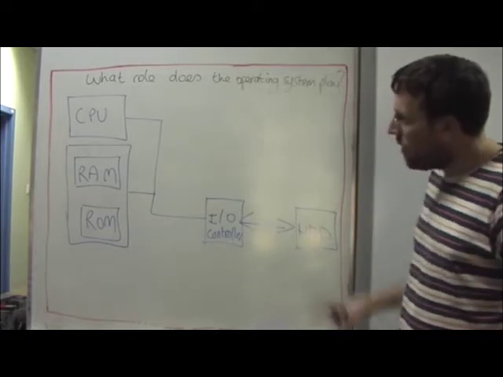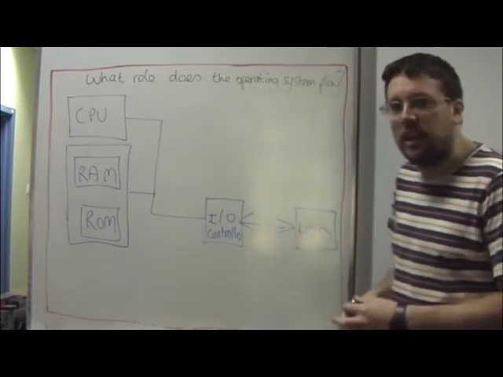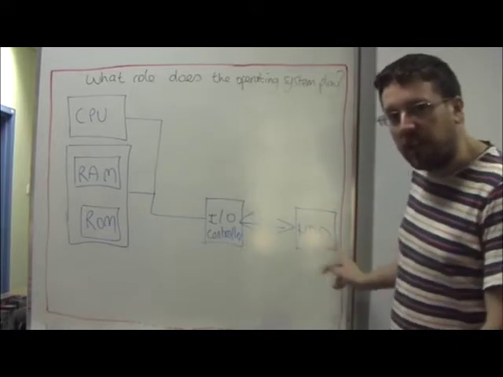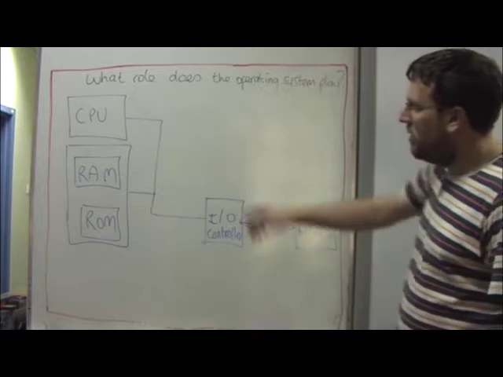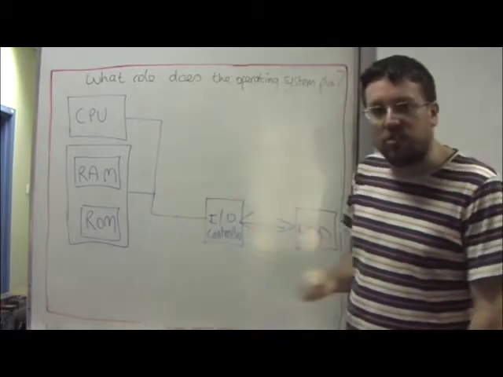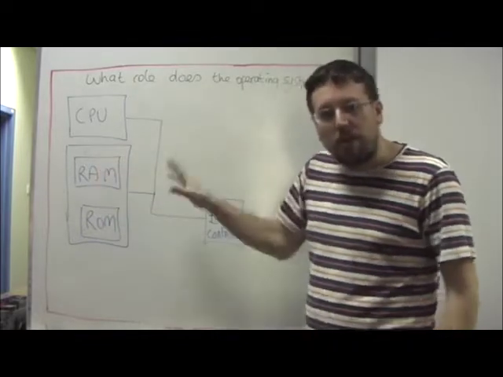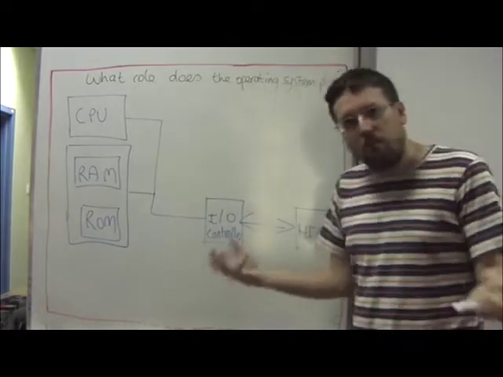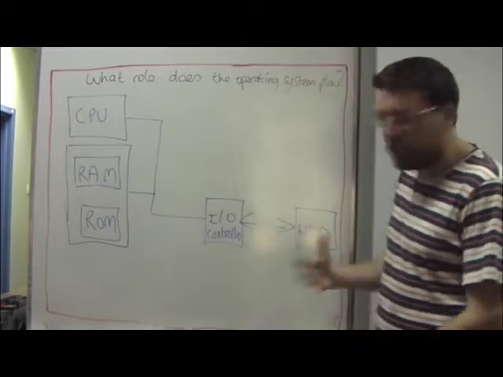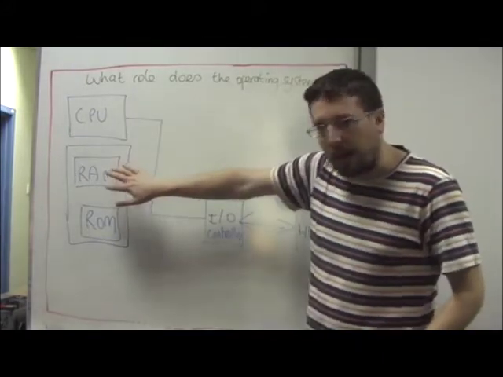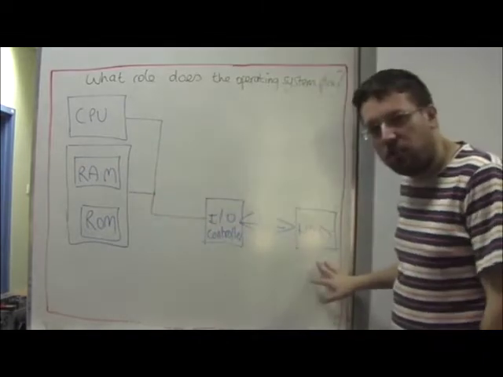Ideally, the CPU doesn't want to access the hard disk drive directly. It wants to access all the instructions and all the data it needs to run from the RAM, because the RAM is really quick. It's our Usain Bolt. It's very fast.